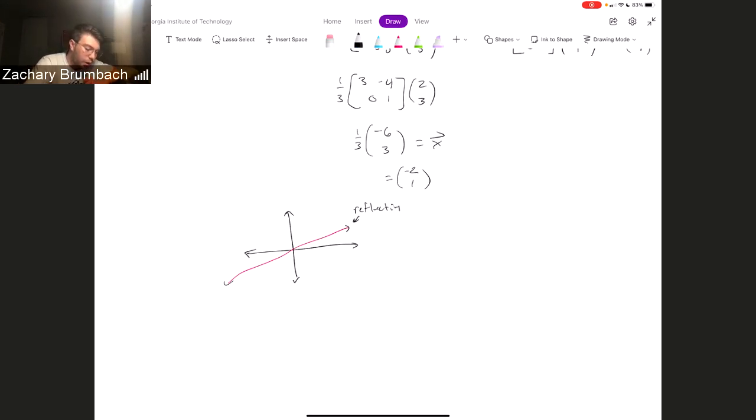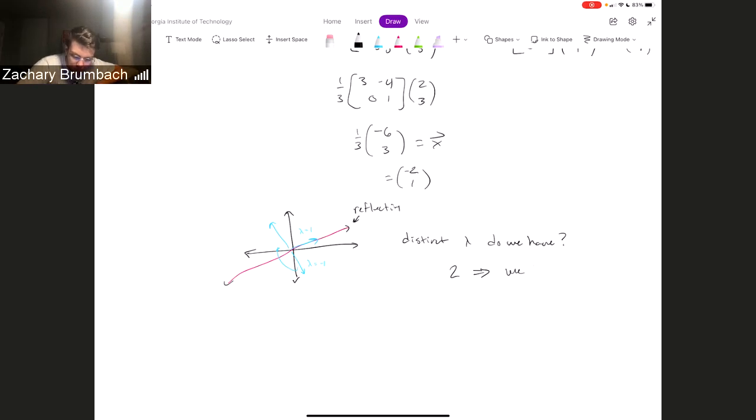Okay. What are our eigenvalues? Well, if something sits on this line, it's unchanged, so lambda equals 1. And if it sits on a perpendicular line, it is scaled by lambda equals -1 because it's just flipped over. So how many distinct eigenvalues do we have? 2.